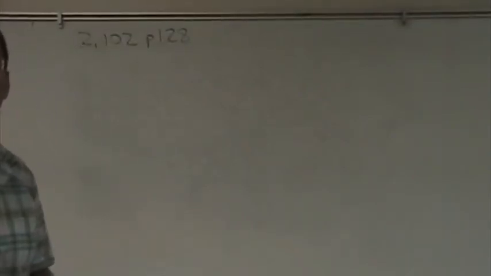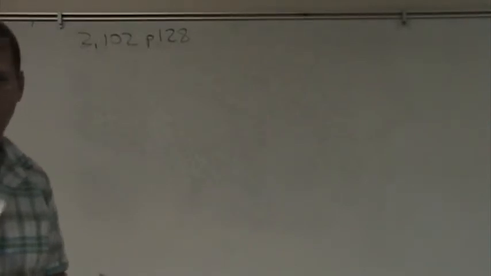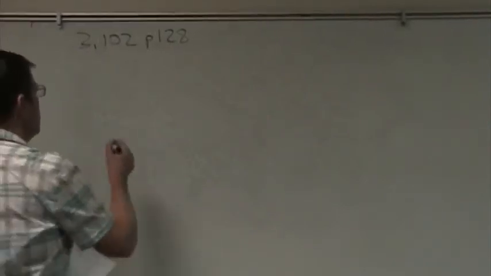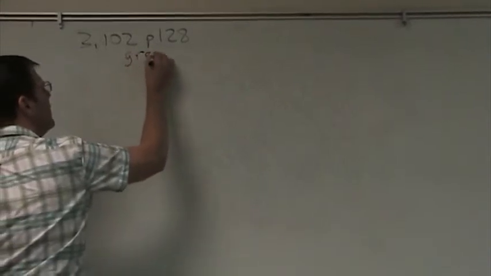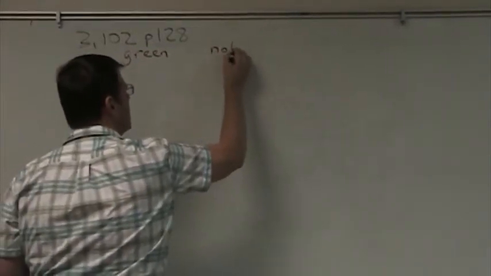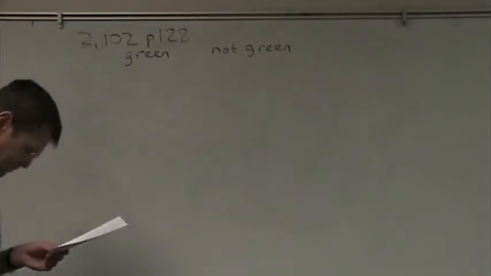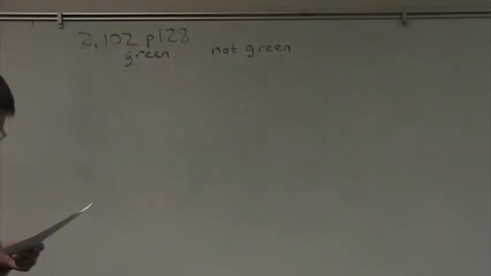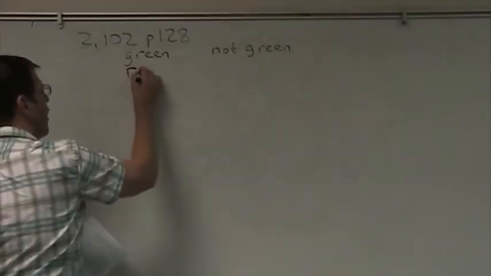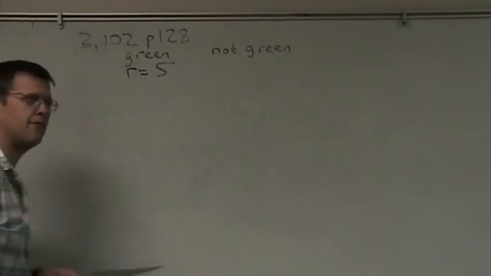Well, as far as we're concerned here, for this problem, even though there are 3 colors, we've really divided this up into green and not green. We're told that 5 of the marbles in the urn are green, so we know that R is 5.